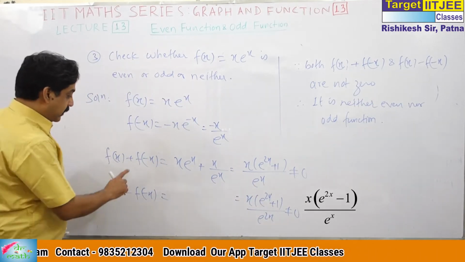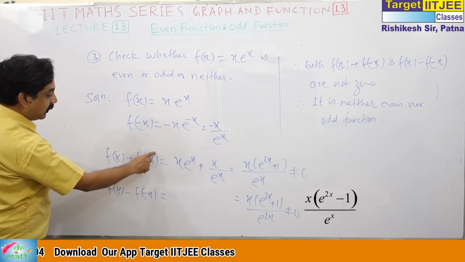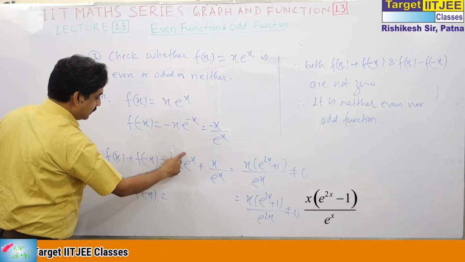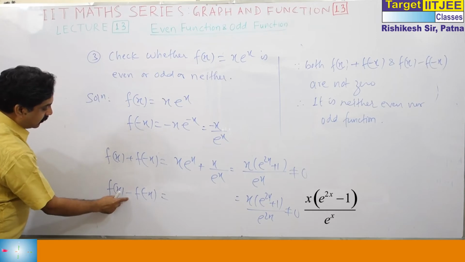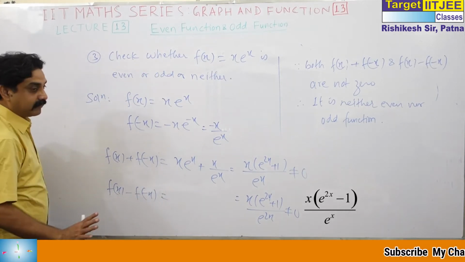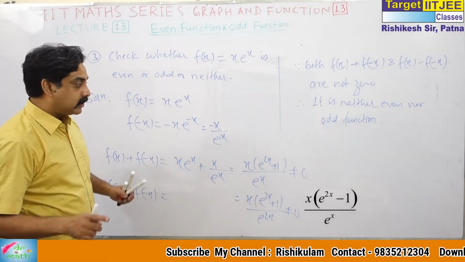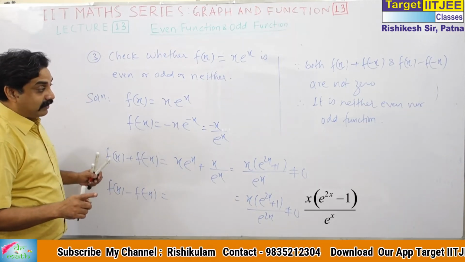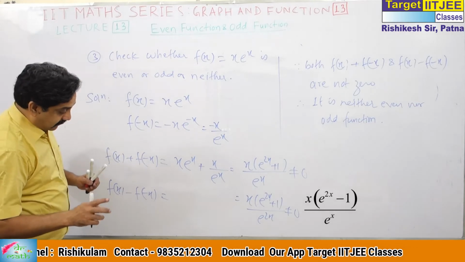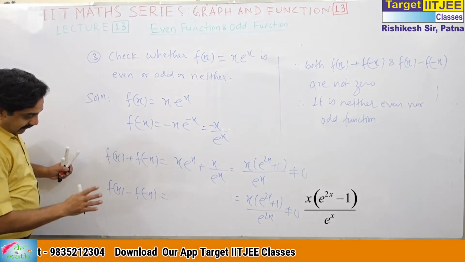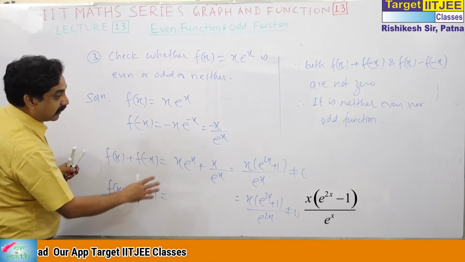Why? If this becomes 0, then this is an odd function, f(minus x) is equal to minus f(x). And if this becomes 0, this is even, because f(minus x) is equal to f(x). So we have to keep these things in mind. Let me do one more question in which I would like to tell why this point is important.